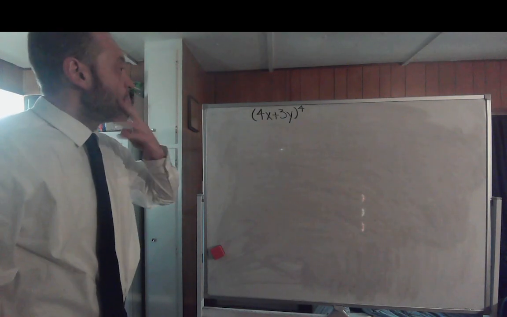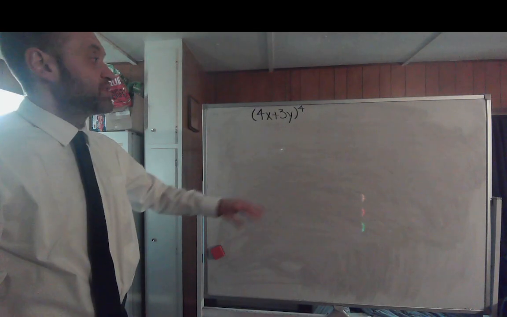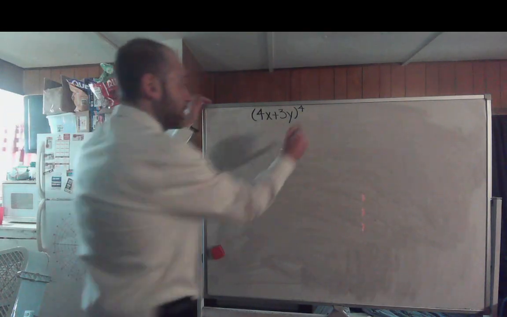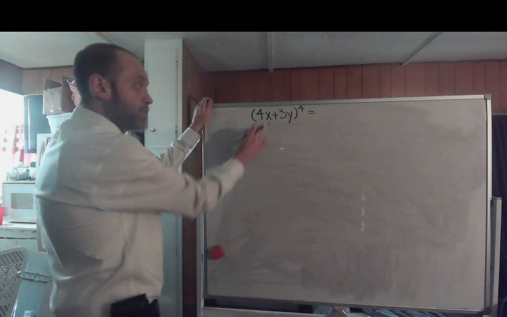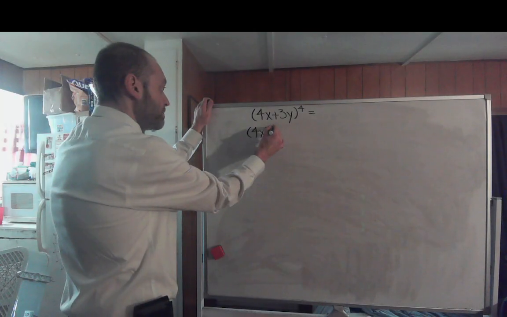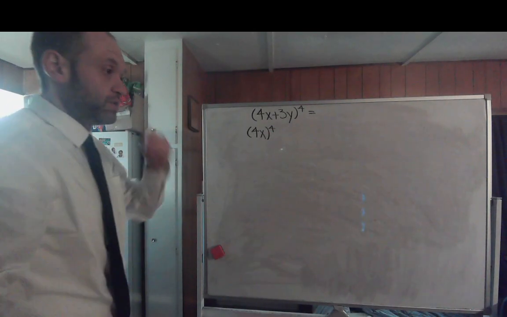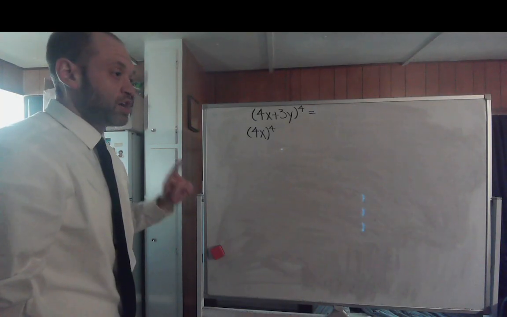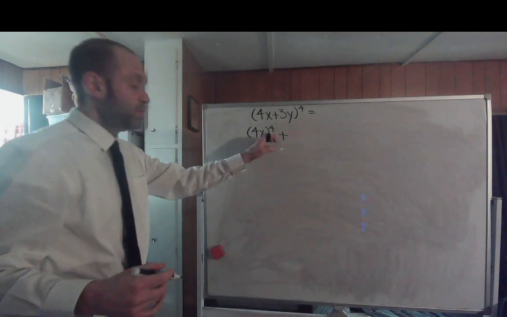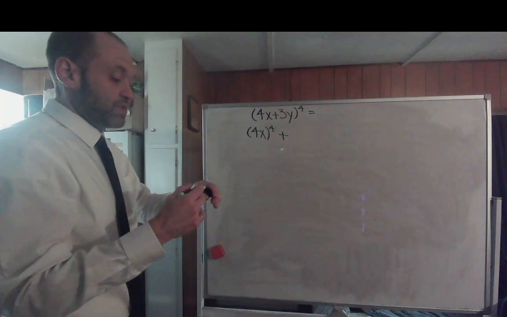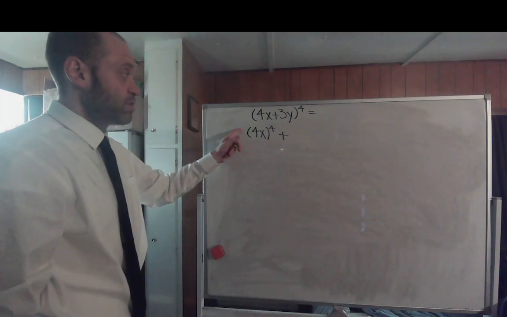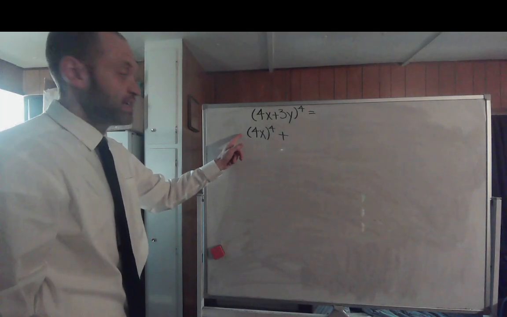Well, again, now you have to consider each of these terms as a whole, okay? So what I'm going to do first, take that whole 4x term, raise that 4x to the 4th power. Now to get the next term, bring that power 4 down in front, multiply it by the coefficient that's on the 4x. Well, that refers to the coefficient outside of the parentheses, not inside.